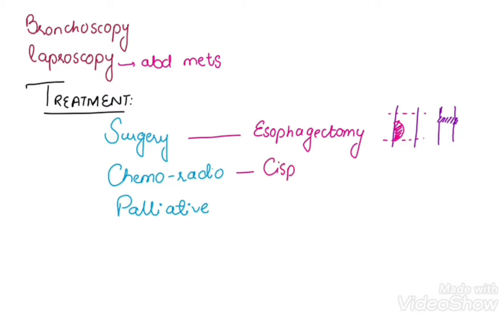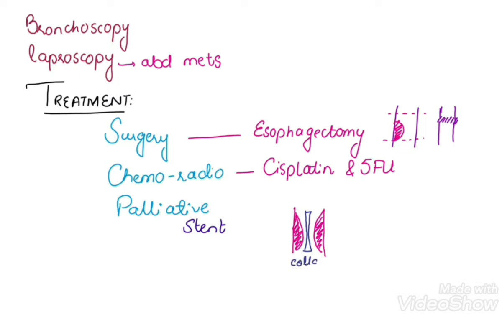Chemoradiotherapy: chemotherapy uses cisplatin and 5-fluorouracil, and palliative surgery involves 4 things: stent, laser, ethanol injection, and radiotherapy. Stent is a metallic tube-like structure. It is passed into the esophagus in the area of tumor in collapsed form.